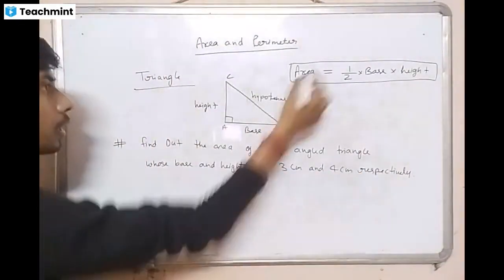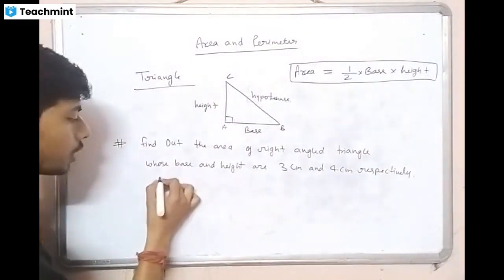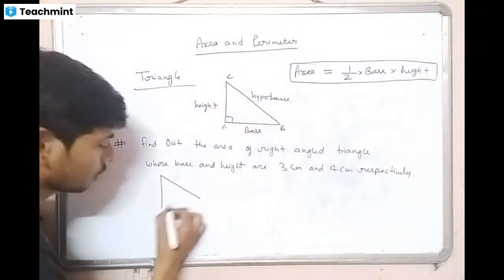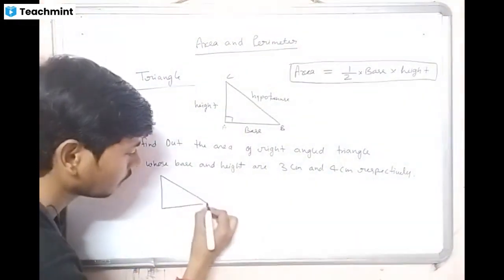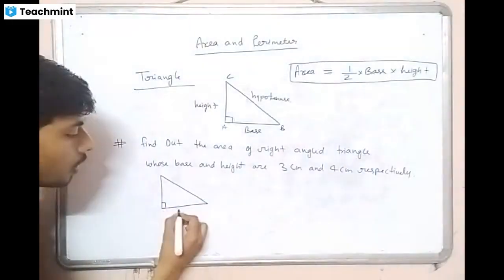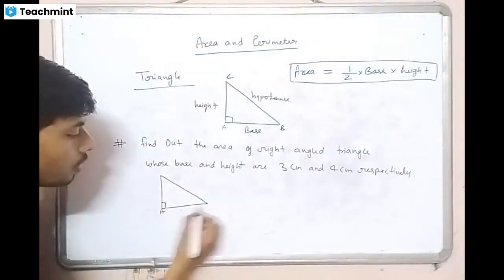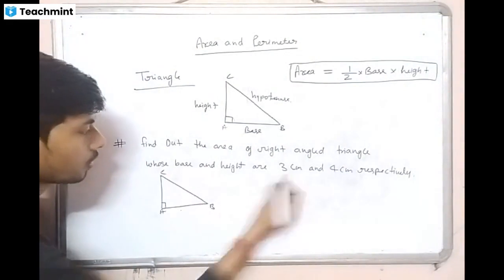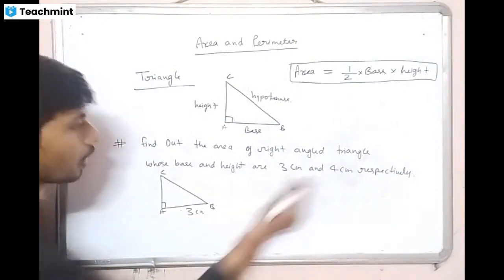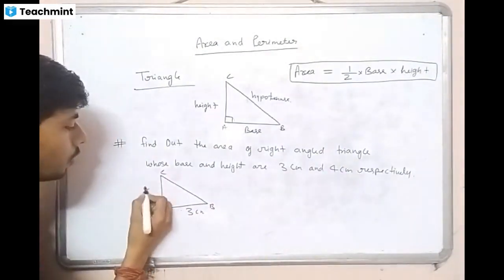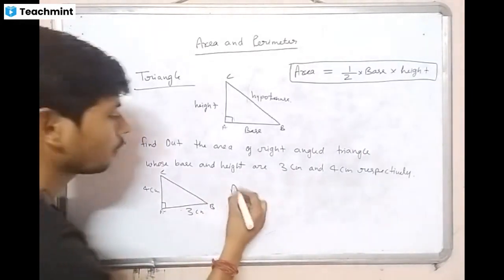So I can write down the formula, or I can draw the diagram first. So this is your right angle triangle. This is 90 degrees and this is the base. The base is given, that is 3 centimeter, and the height is given, that is 4 centimeter. Now apply the formula.